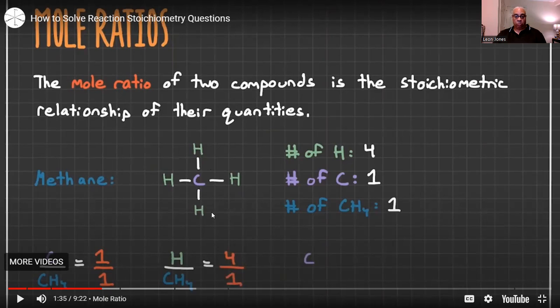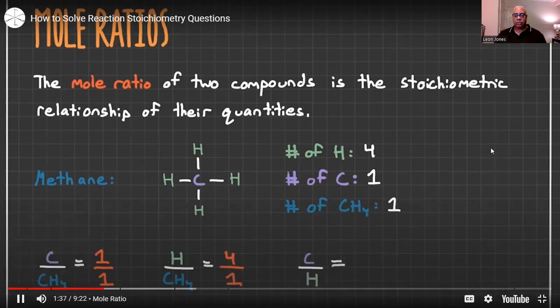This would be like a quad here, because you have, again, 4 hydrogens. This is how you find out about your elements. 1 carbon, and you have 4 hydrogen. That makes up your methane. That's known as CH4. Let's continue.